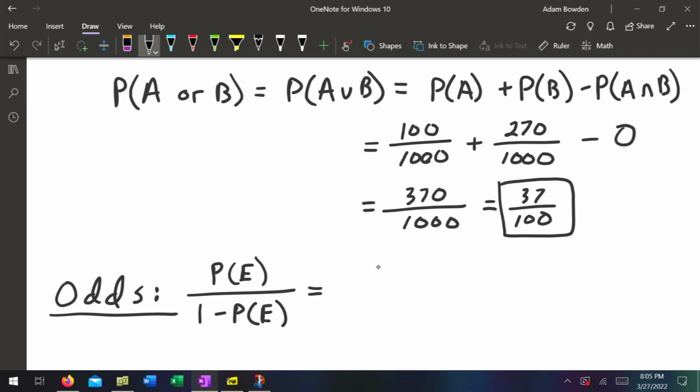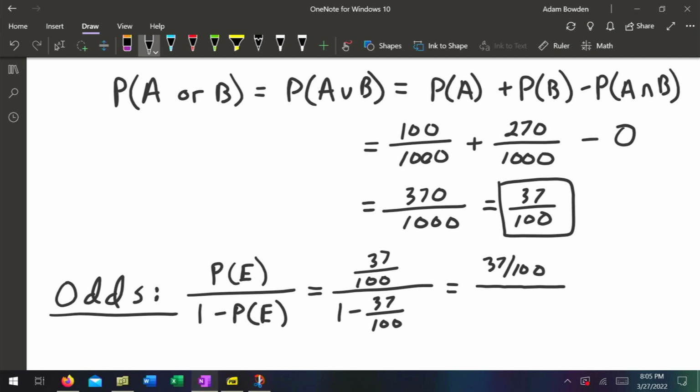And so we calculate 37 over 100 divided by 1 minus 37 over 100, which is equal to 37 over 100 divided by 63 over 100. Essentially, since those 100s are the same on top and bottom, you can cross them out and reduce this down to 37 over 63.